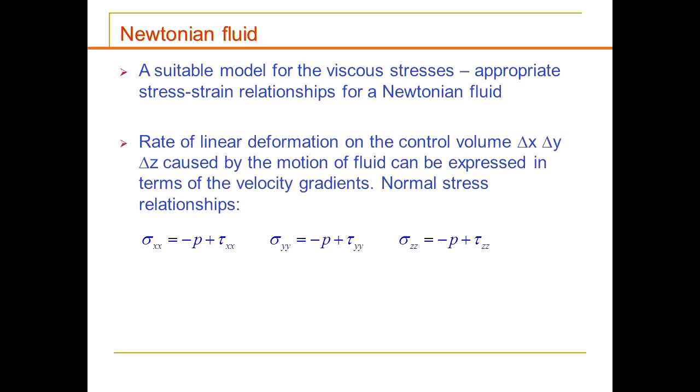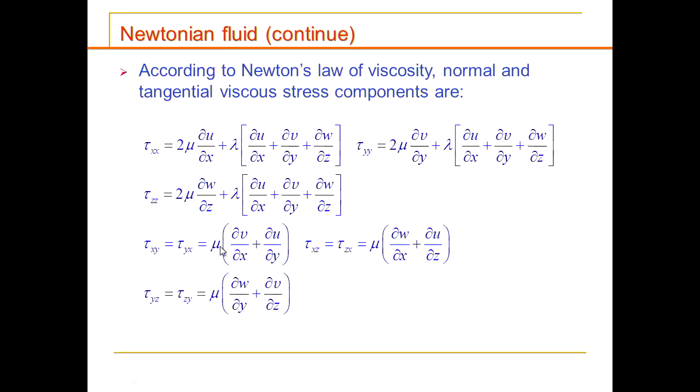It is suggested that the rate of linear deformation of the control volume can be expressed in terms of velocity gradient and the pressure. So for your normal stress, this is where your pressure terms come in. And then for your tangential stress, we apply Newton's law of viscosity.